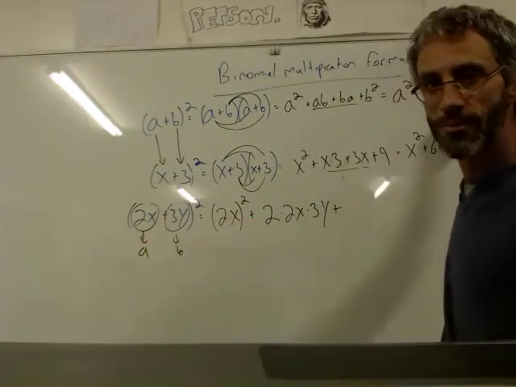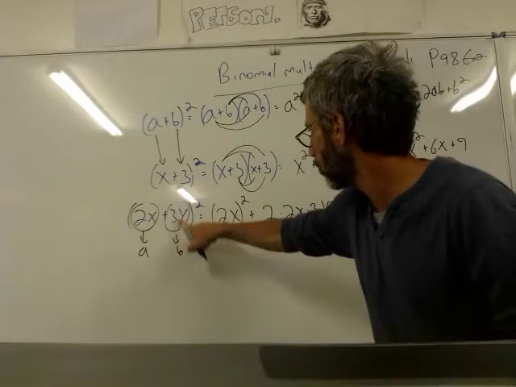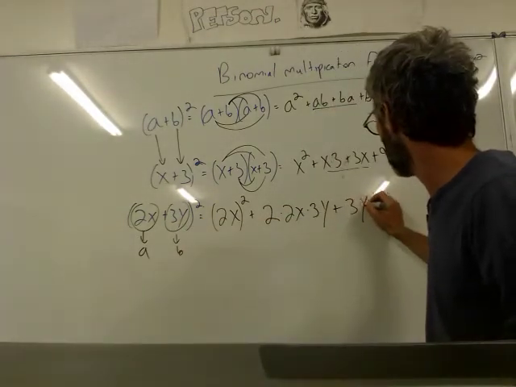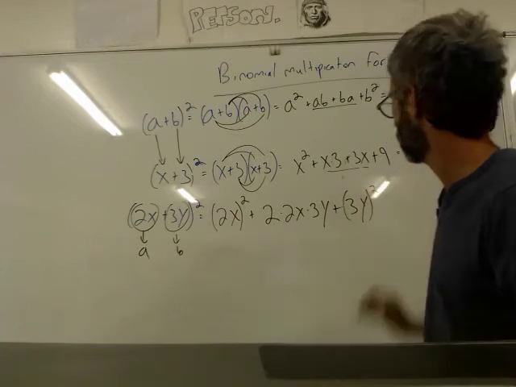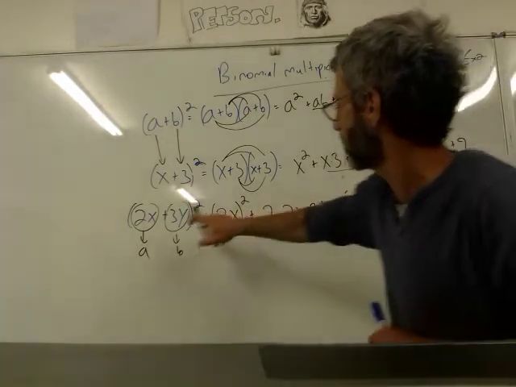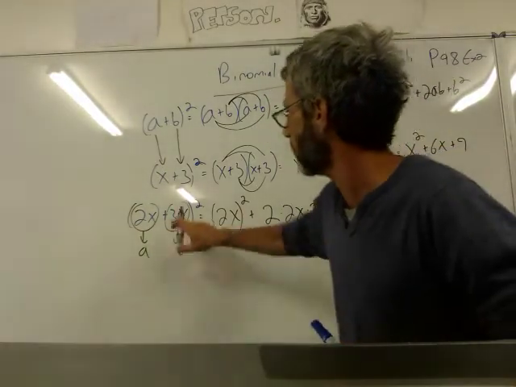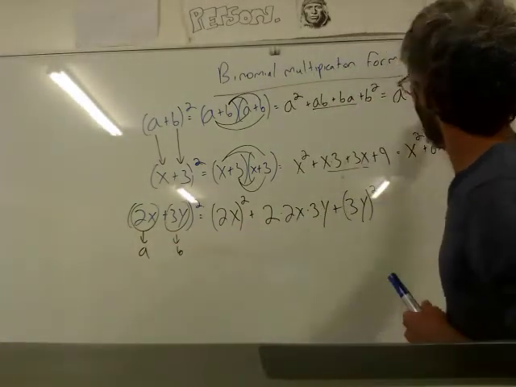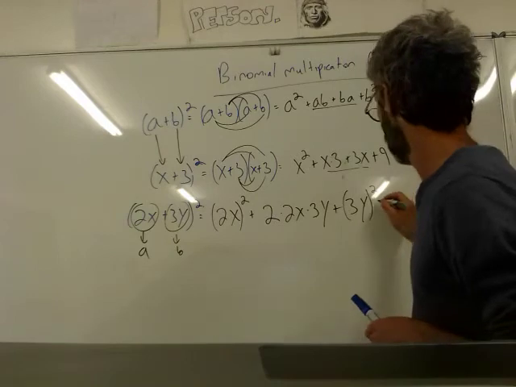And the last term is b squared. So what is b? It's 3y. So I'm going to do the square of 3y. I'm not finished now, but all I did was substitute. Instead of a, I wrote 2x. Instead of b, I wrote 3y. And used that formula.